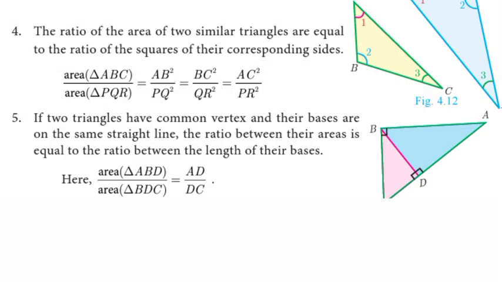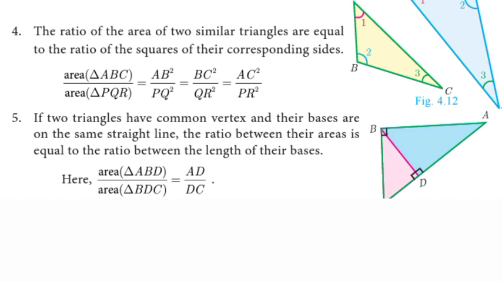Some other results. The fourth one: the ratio of the areas of two similar triangles is equal to the ratio of the squares of their corresponding sides.